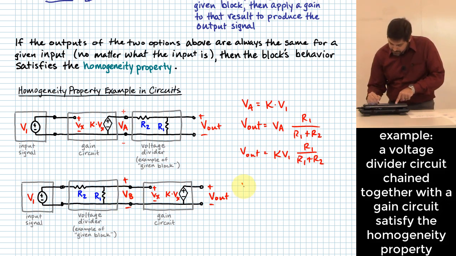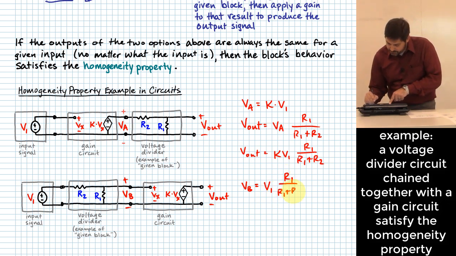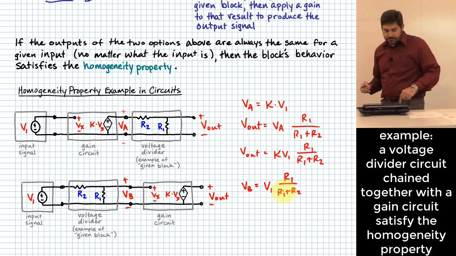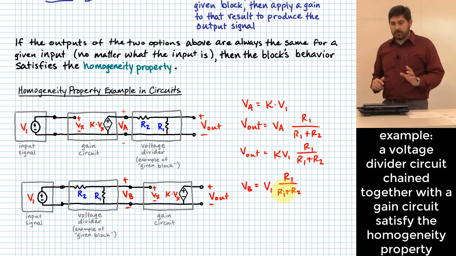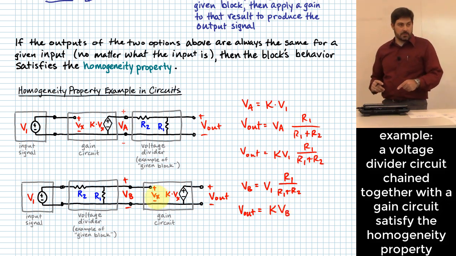Okay? What's VB going to be for this circuit? So VB is going to be equal to V1, right, times, I think what you said was R1 over R1 plus R2, based on the voltage division formula, right? Now, the gain circuit over here, its job is to make V out be equal to K times VB, because VB is what we're feeding in to the gain circuit, right?